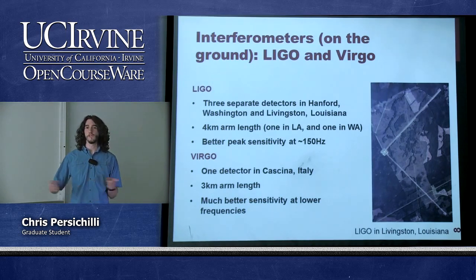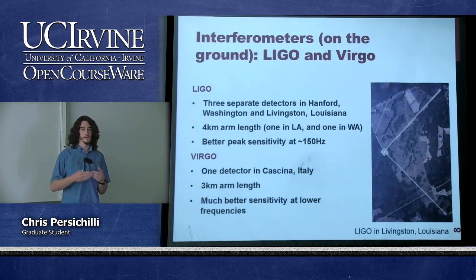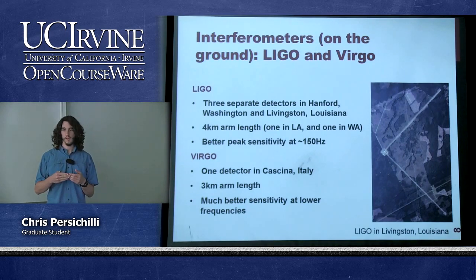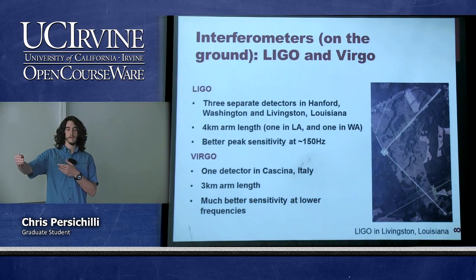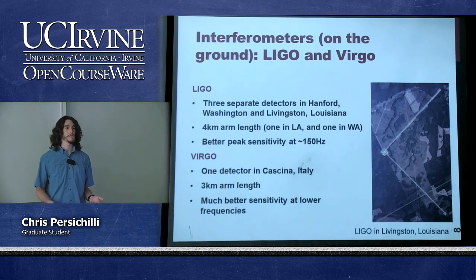And even though the physical size of the arm is 4 kilometers, they basically create a resonance, a cavity that allows multiple reflections back and forth. So the effective arm length with respect to the detection efficiency is considered to be on the order of hundreds of kilometers.